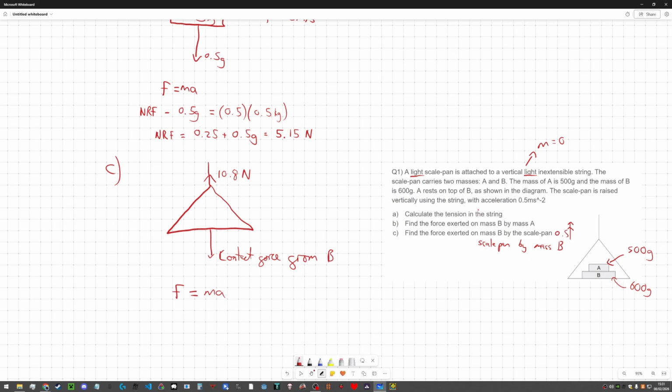We know the total force is 10.8 minus our contact force from B. I'll label it C for now. That is going to equal the total mass of everything on the scale pan. So we have a 500 gram mass and a 600 gram mass. So this is going to be a 1.1 kilogram mass. And then we have an acceleration, as stated in the question, of 0.5 meters per second squared.